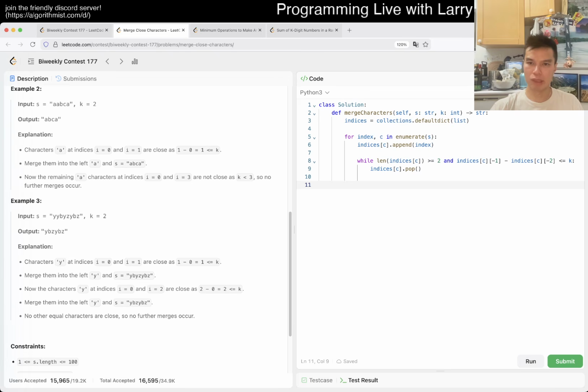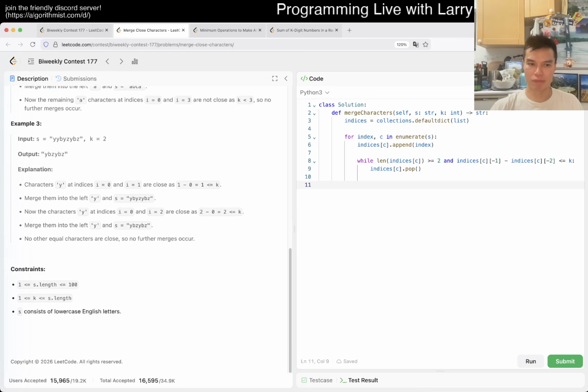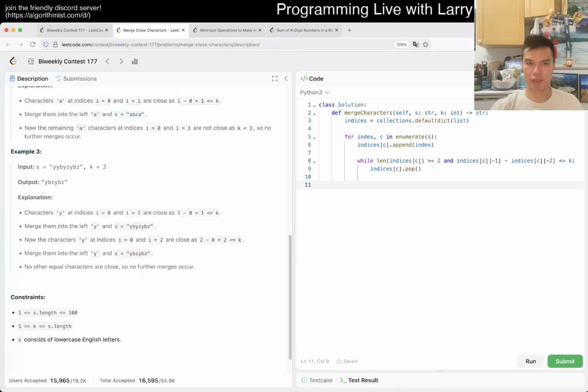And then, oh, length is only 100. Maybe I should have done something dumber. But okay, either way.